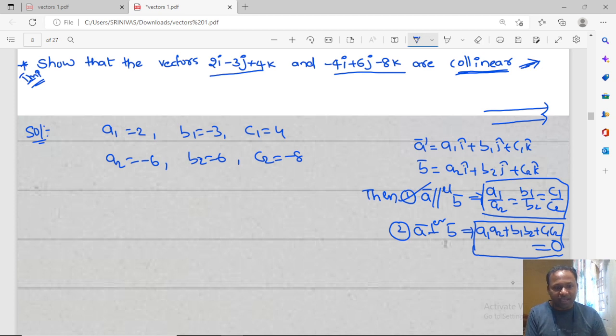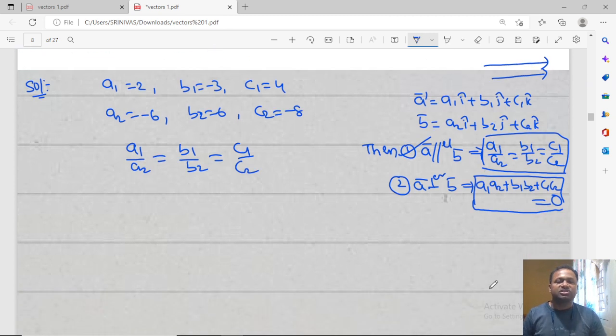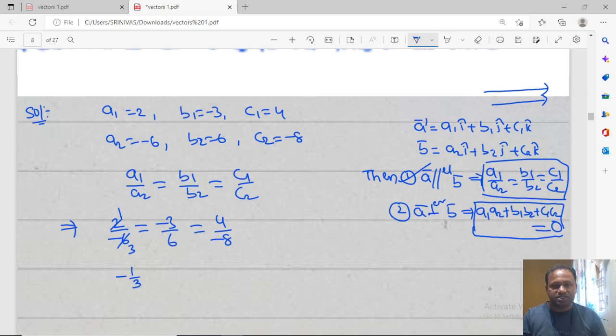So a1 by a2, I will write the formula: a1 by a2 is equal to b1 by b2 is equal to c1 by c2. If it satisfies the condition, then the given vectors are collinear. a1 by a2: 2 by minus 6, minus 3 by 6, 4 by minus 8. 2 ones are 2, 2 threes are minus 1 by 3, 4 twos are 1 minus.